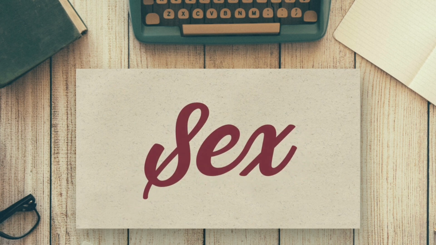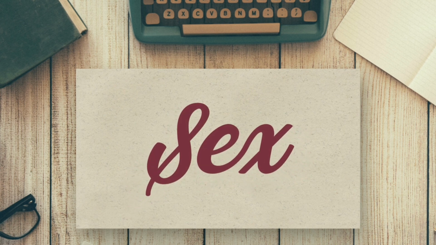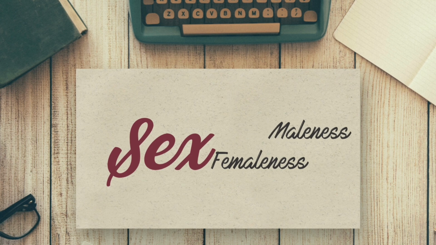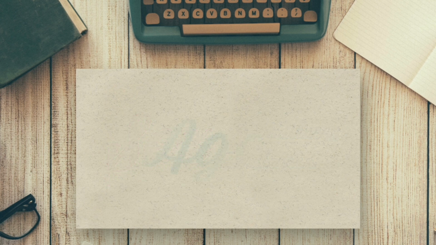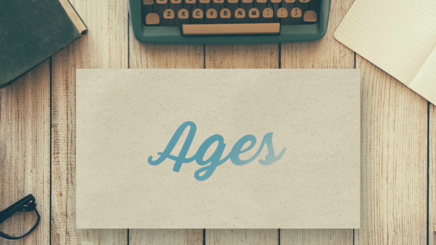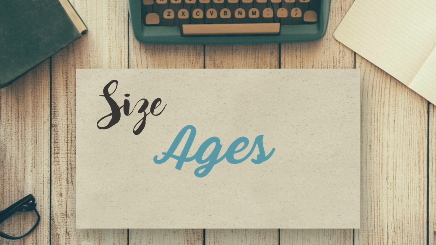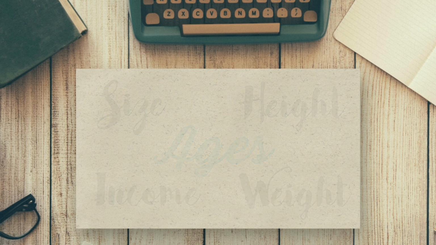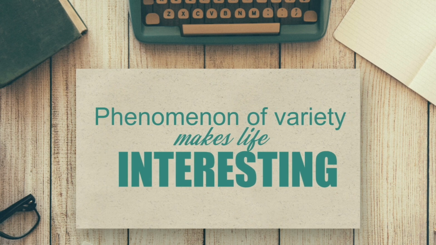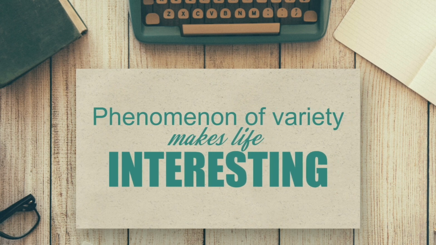Sex, for instance, has two properties, which are maleness and femaleness. The ages of different persons have different values. So with their size, height, weight, and income. The phenomenon of variety is what makes life interesting. It is one of the motivating factors of the research undertaking.